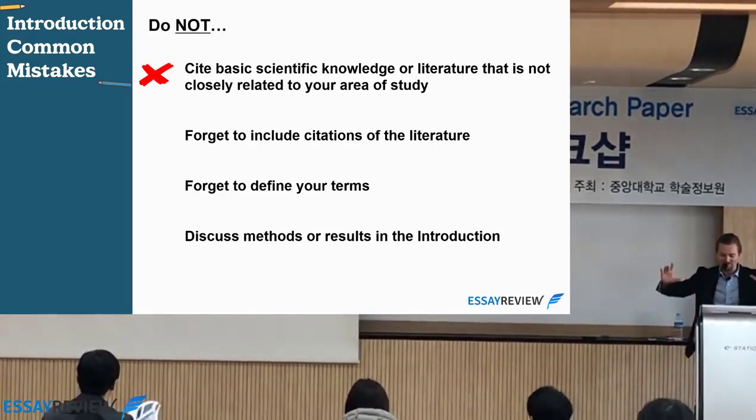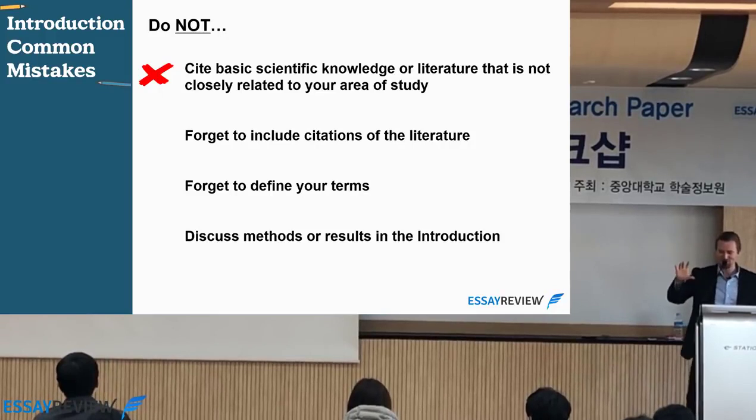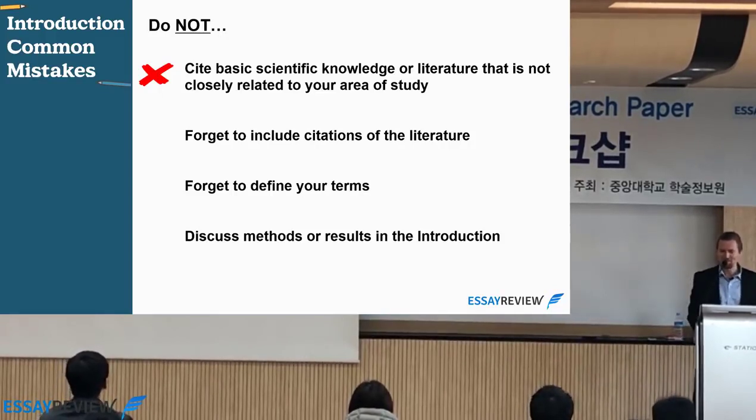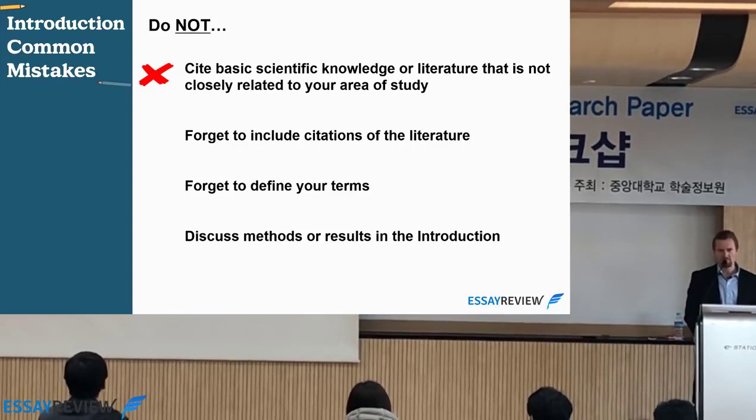But if the study is about turtles and you cite research about birds that's not related, even though both turtles and birds are cold-blooded animals, it's not important, so you're not going to get points for putting that kind of literature into your introduction. It's not relevant.